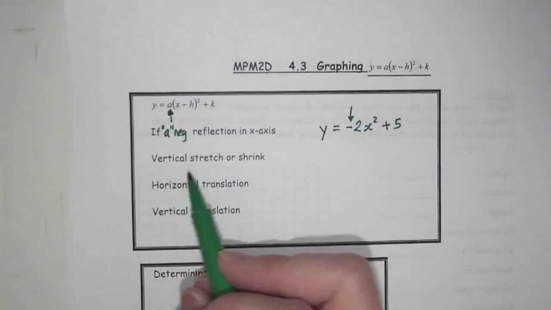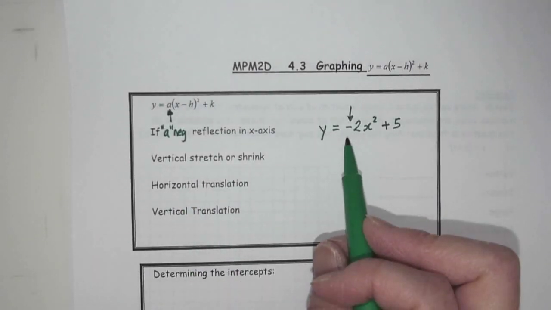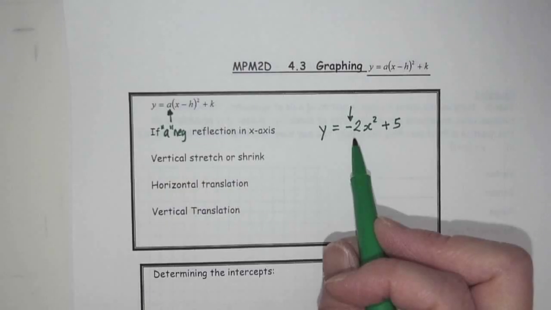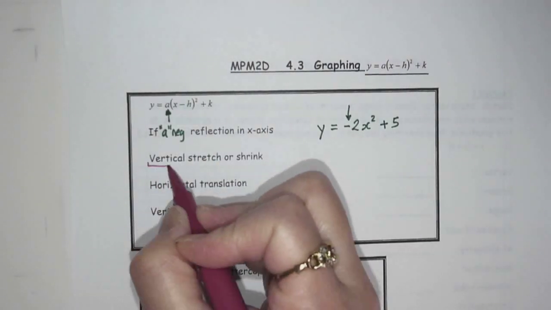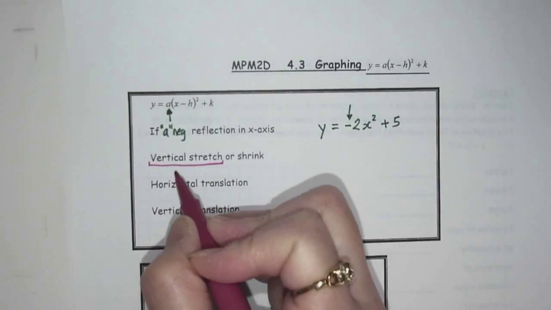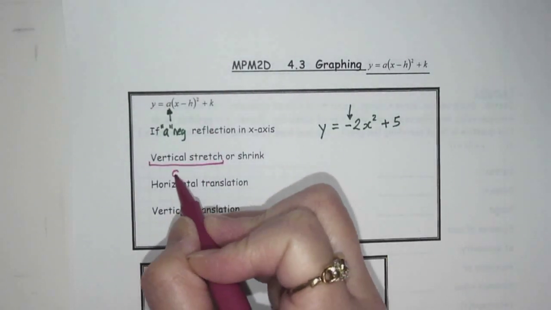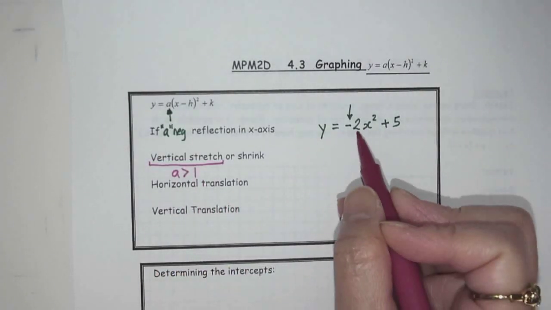The next part we look at is the actual value of the A, not looking at the negative. So just look at the value of the A. It's a vertical stretch if A is greater than 1. If A is greater than 1, we know it's a stretch.